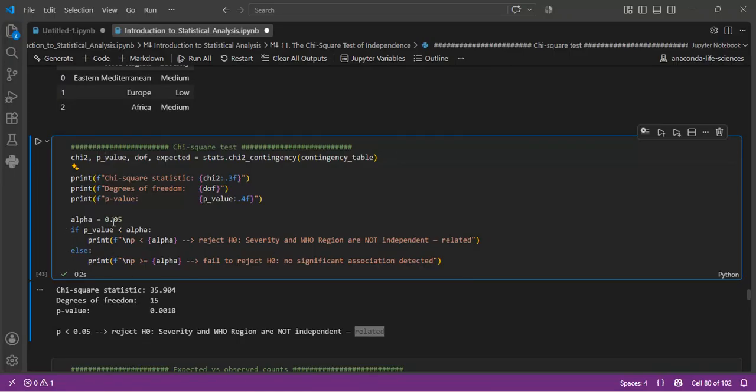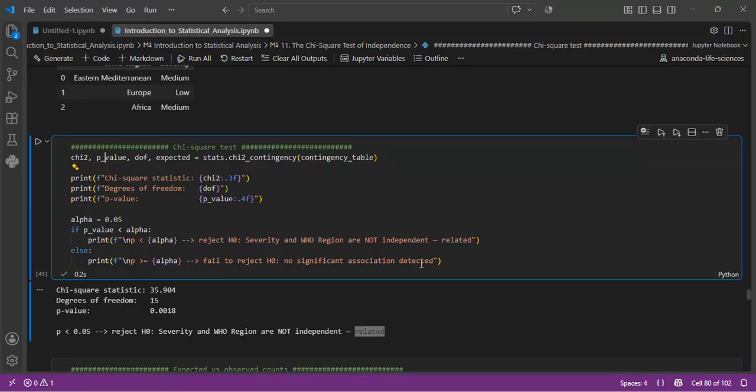That means that between the WHO region, which is a categorical value, and the severity, which is also a categorical value, there is no association, and even if there is an association, it is not statistically significant. So the first one says that it is statistically significant, and the second says that it is not.